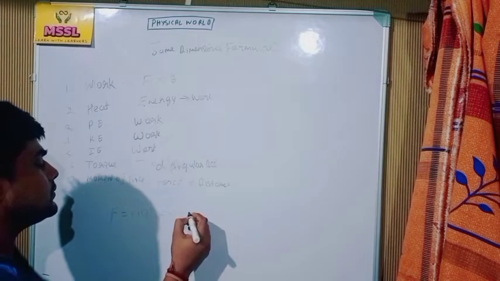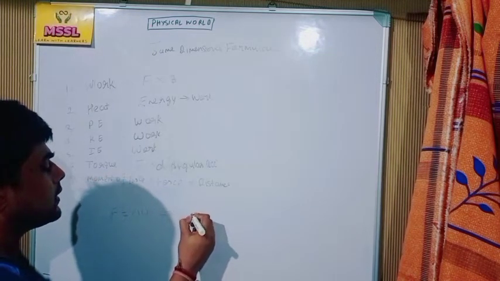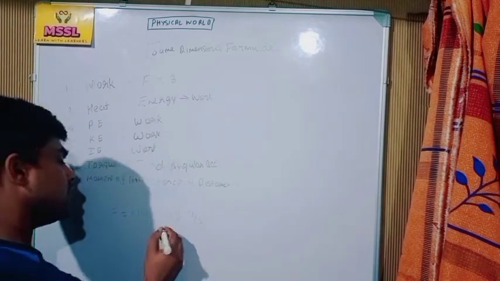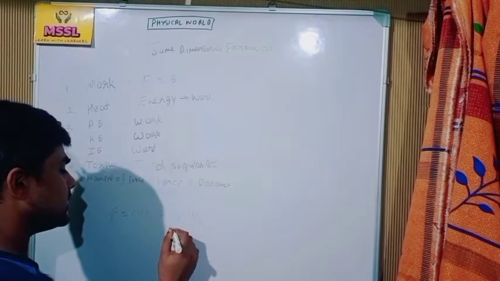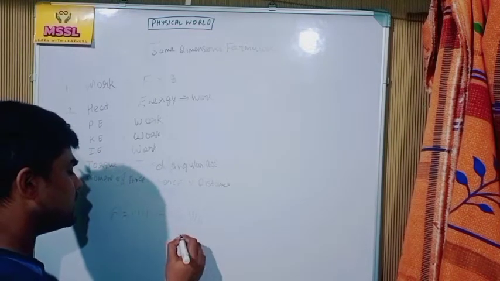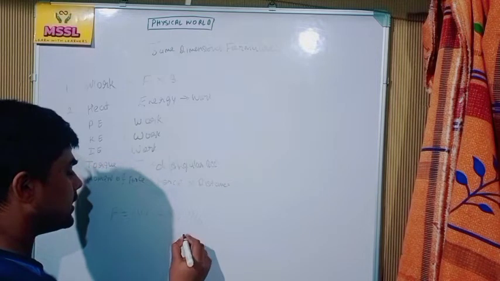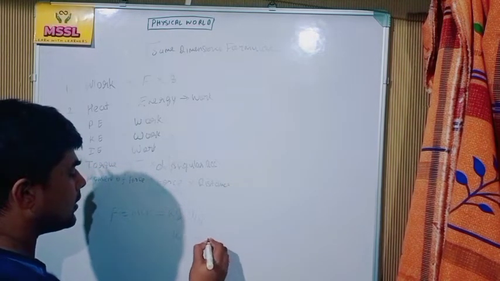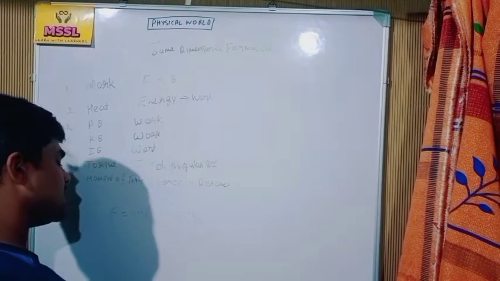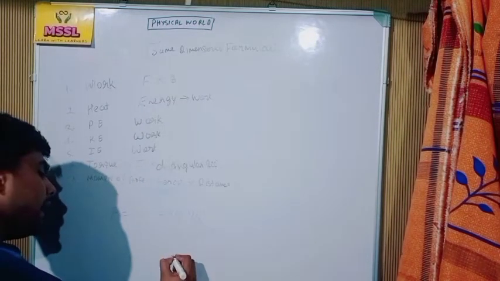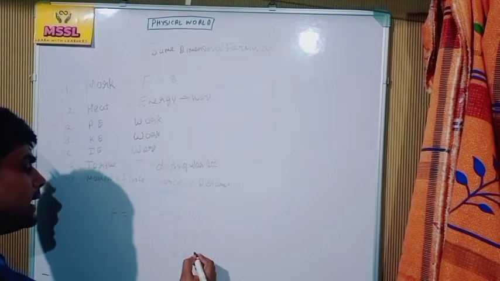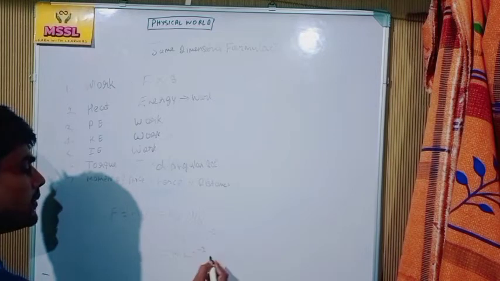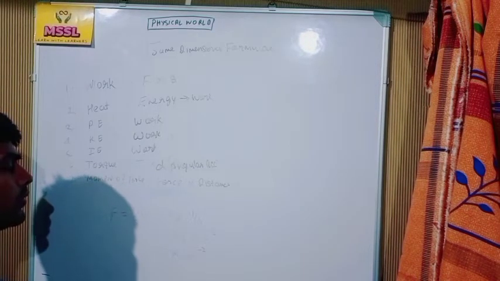Velocity is meter per second, so acceleration is meter per second square. If we write it further, we get kg meter per second square, or you can write it as M L T minus 2.